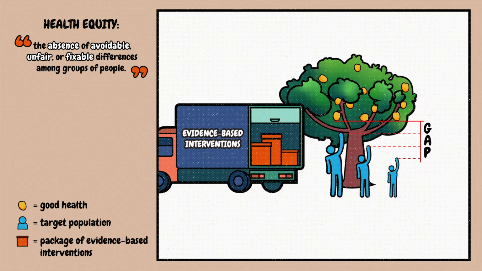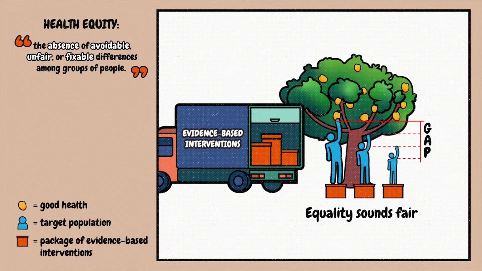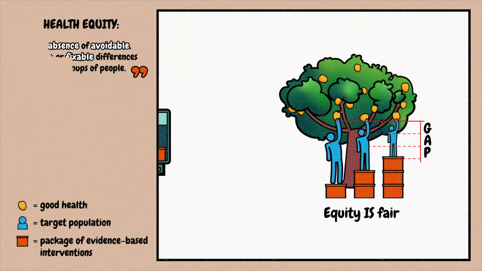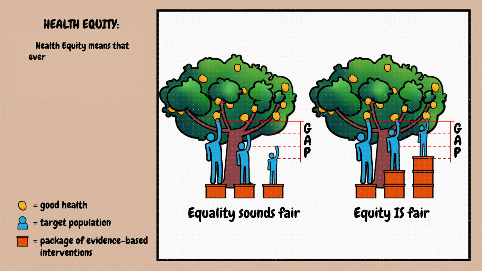In this example, height represents these differences. Some groups have a bigger gap to good health than others. When delivering services, equality sounds fair, but equity is fair. Health equity means that everyone has a fair and just opportunity to be as healthy as possible.